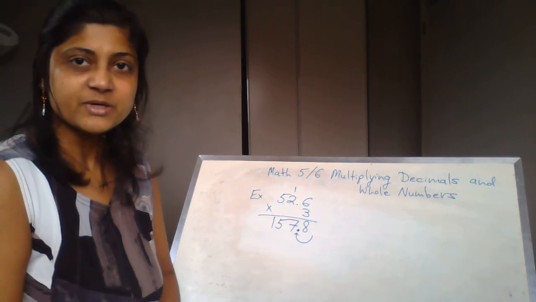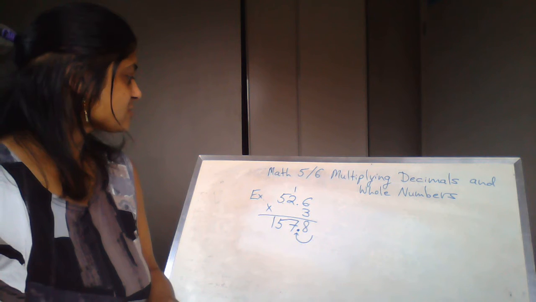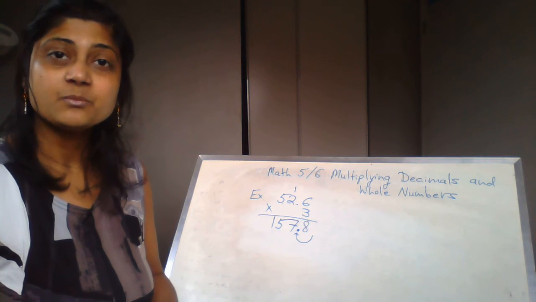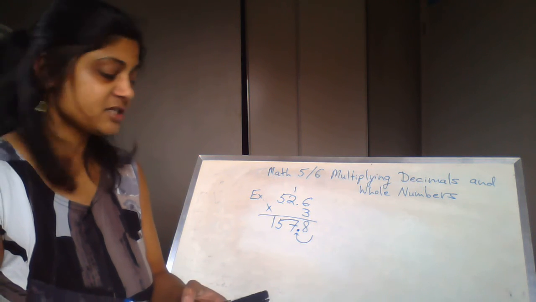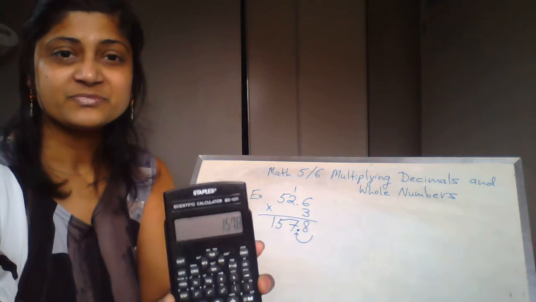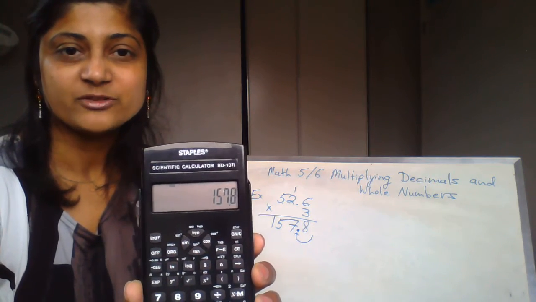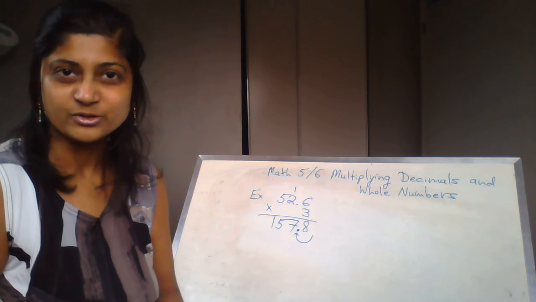So my answer, again, is not 1,578. My answer is 157.8. Again, if I don't put the decimal place, the teacher is going to take off marks. I'm going to put it in my calculator, and as we can see right here, we're getting 157.8, which is the answer we have on the board.